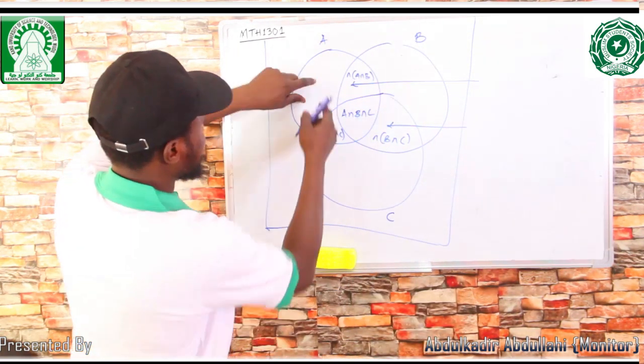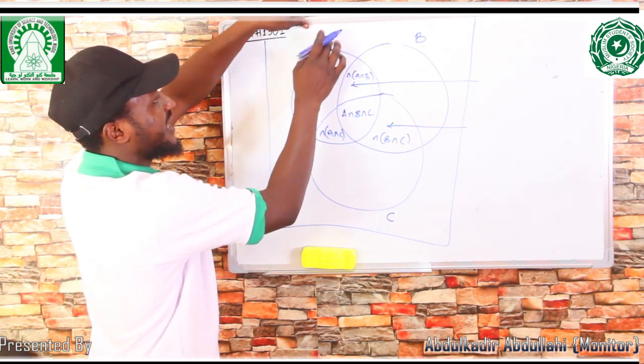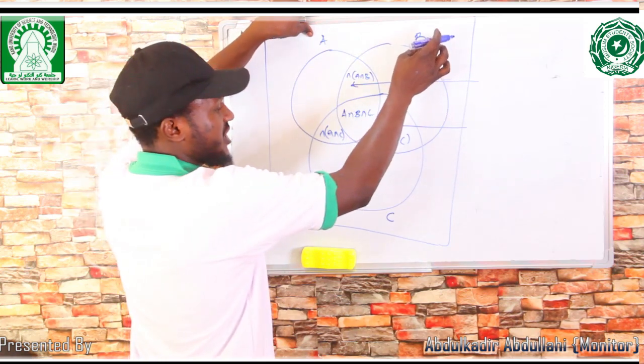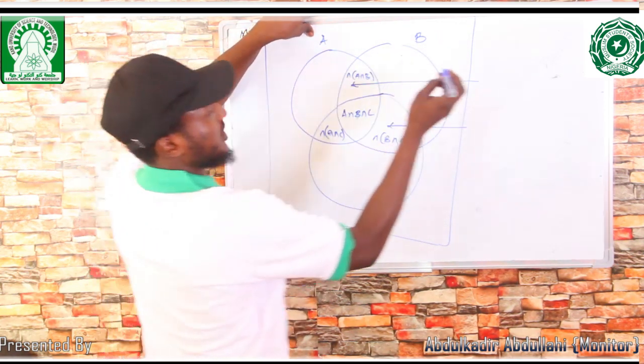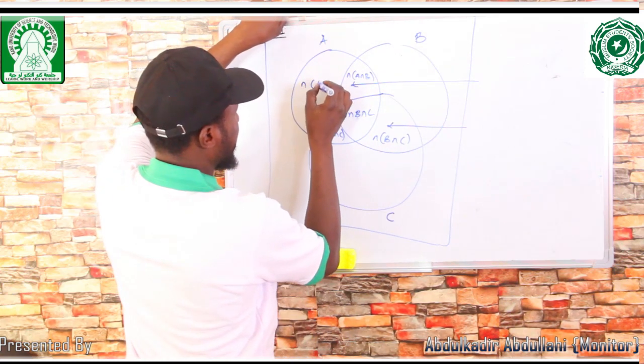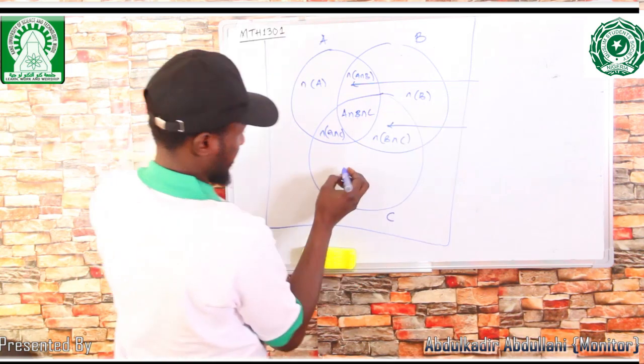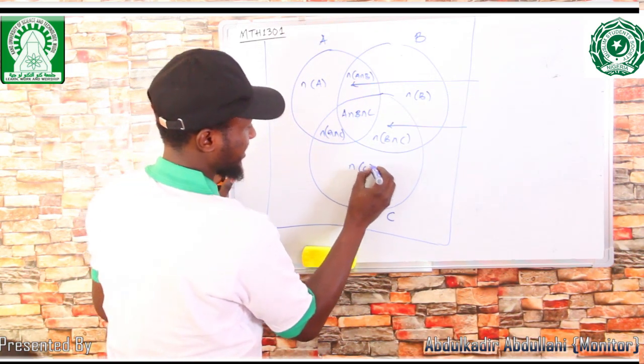This place contains only A without the combination of B and C, so it is known as the number of A only, while this place is known as the number of B only, and this place is the number of C only.